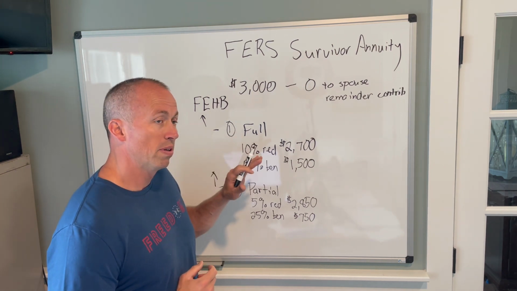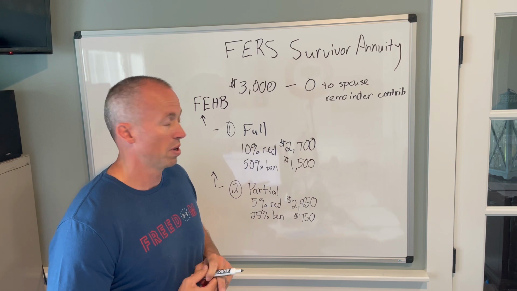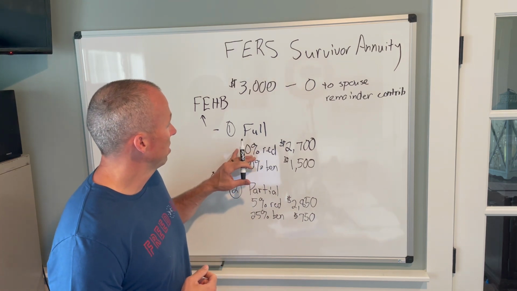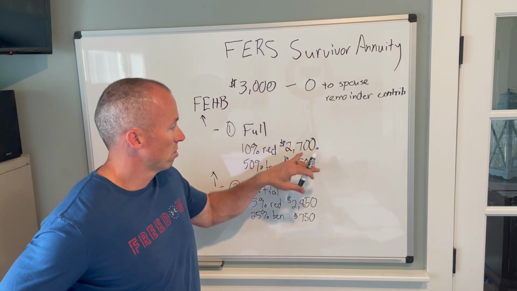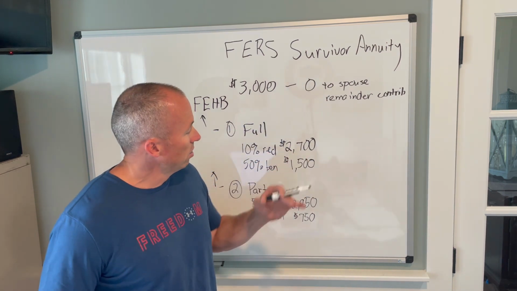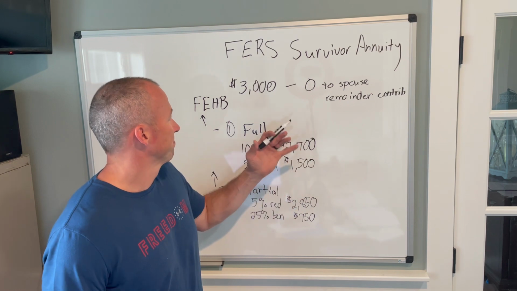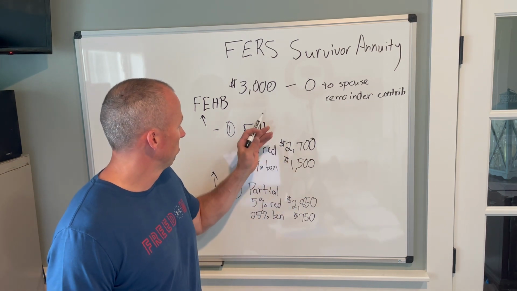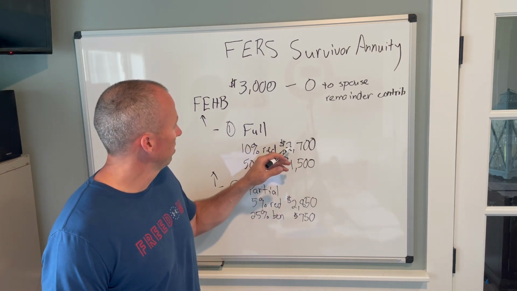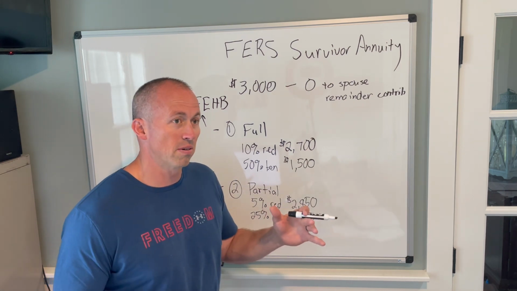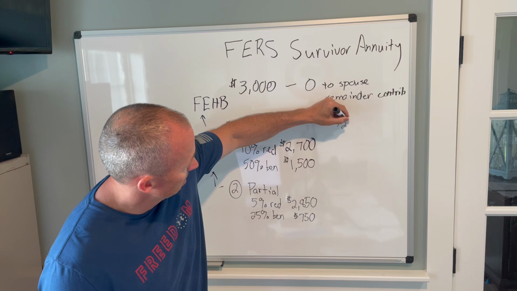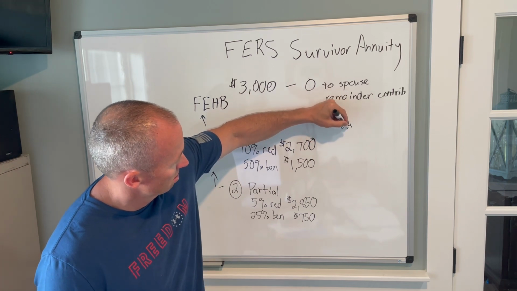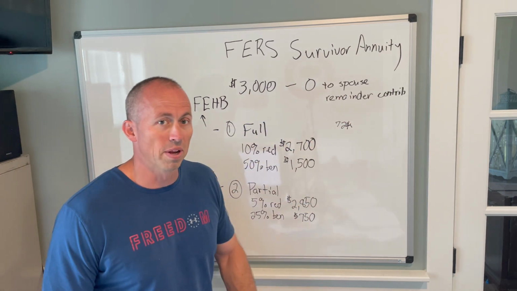If your spouse happens to die before you, okay, let's say you take this 10% reduction, your benefit goes from $3,000 down to $2,700. You live 20 years into retirement, so $300 a month it costs, $3,600 a year, over 20 years. You end up paying in $72,000 for the FERS Survivor Annuity.